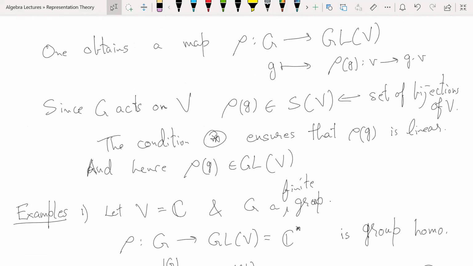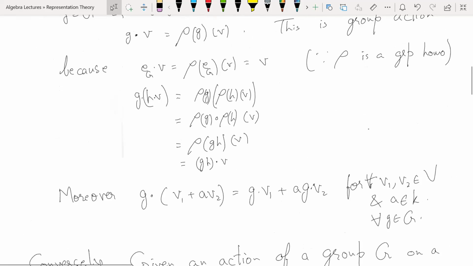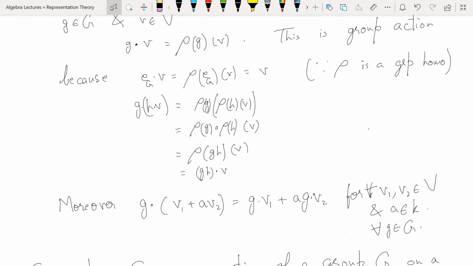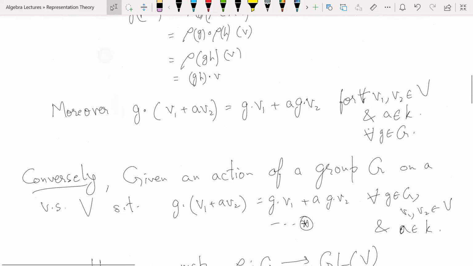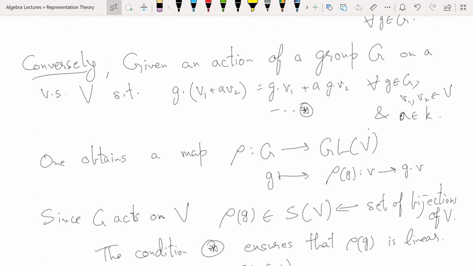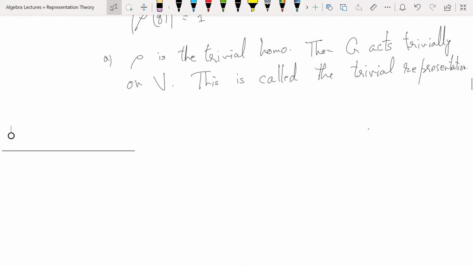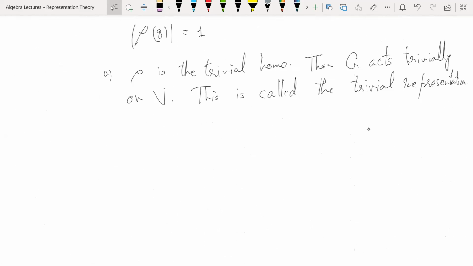To give a linear action also means you have to give a map from G to GLV, or for each g you have to give an action. And what is an action? It's a map from G cross V to V. That is what an action is. G dot v gives you a map from G cross V to V, which induces a map from G to SV, but the image lands in GLV if it's a linear representation. Is that okay? Yes.